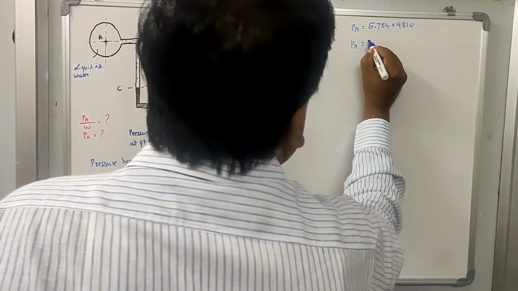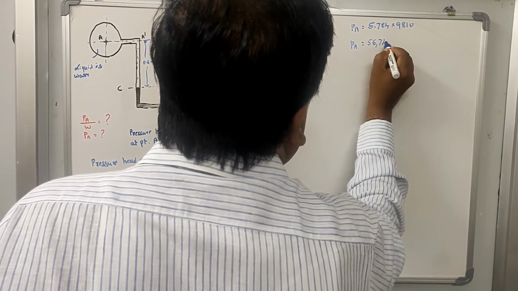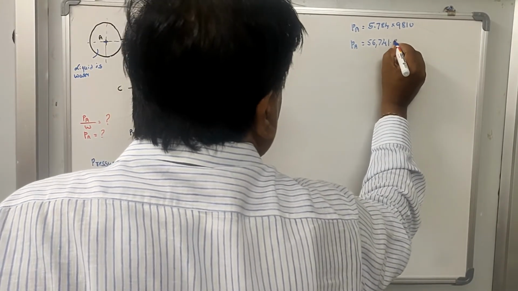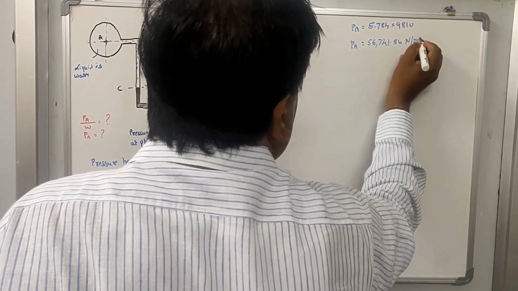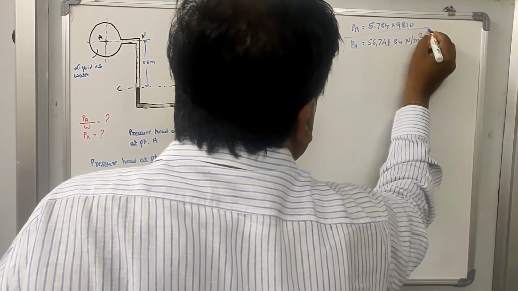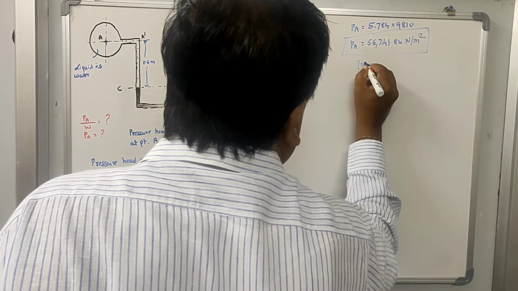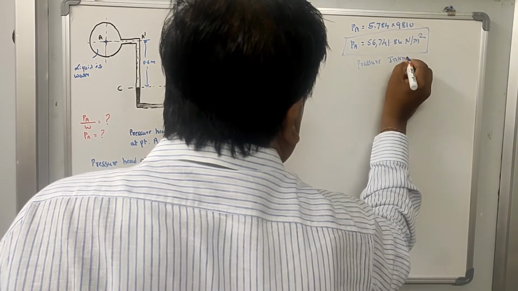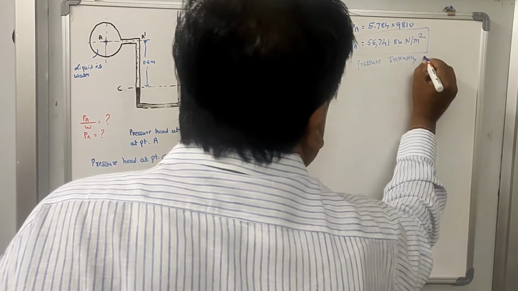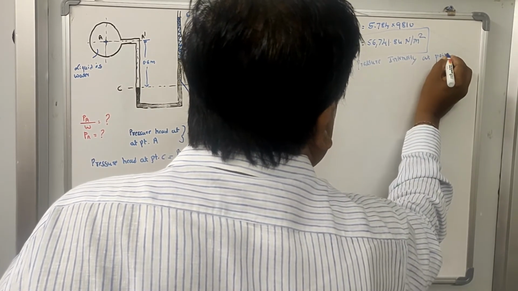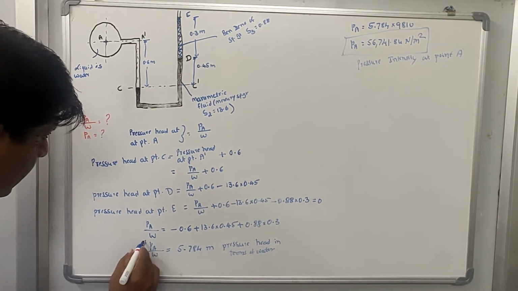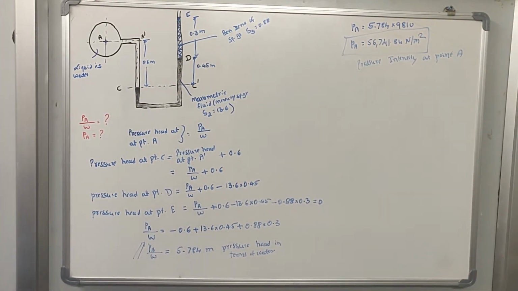It is 56,741.84 Newton per meter square. This is the pressure intensity at point A, and this is the pressure head at point A. So like this you solve the problem.